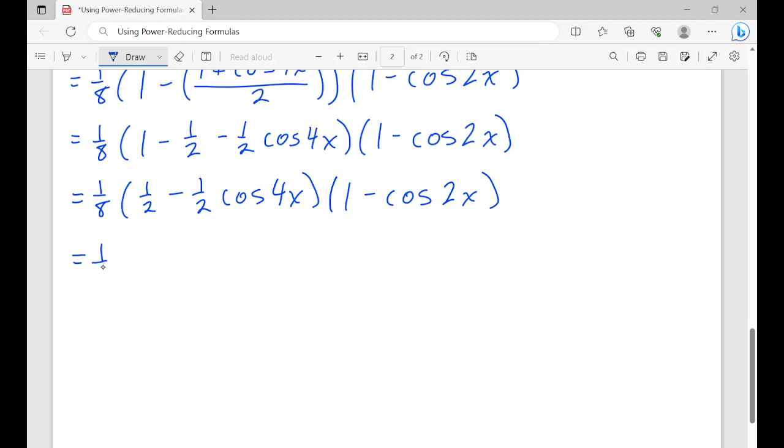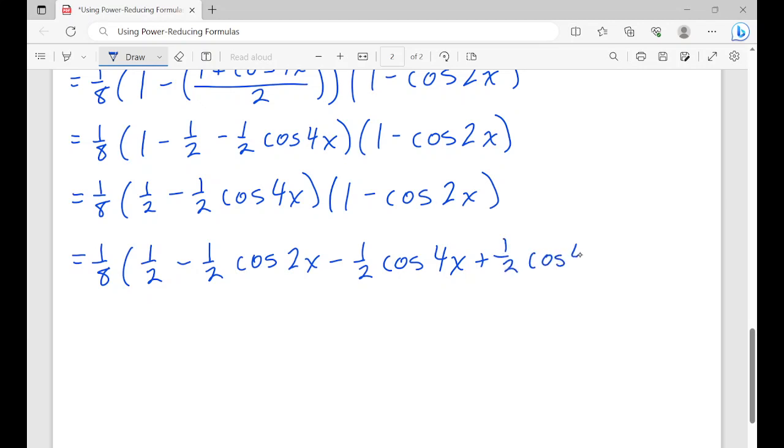And when I do that, I am going to get 1/2 minus 1/2 cosine 2x minus 1/2 cosine 4x, and then plus, because a negative and a negative is a positive, 1/2 cosine 4x cosine 2x.